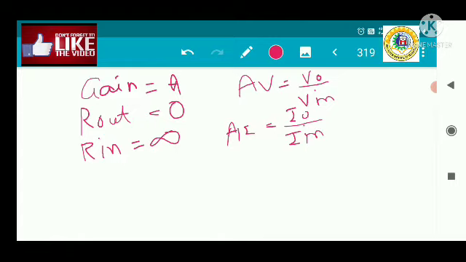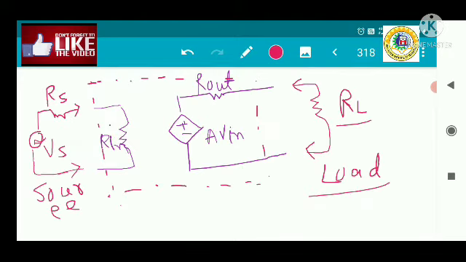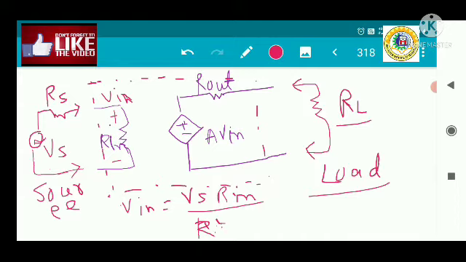Now, why is the output resistance 0 and the input resistance infinite in the case of the amplifier? Suppose this is your Vs. The internal input voltage here is represented as Vin. Now Vin is represented as Vs into Rin divided by Rin plus Rs.